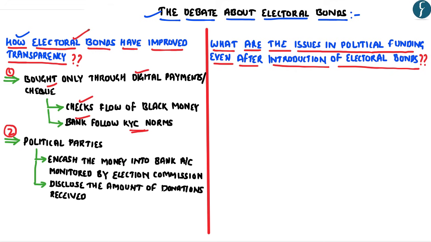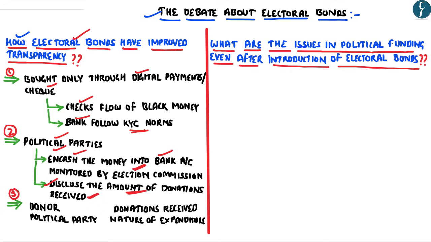Secondly, the electoral bonds would also bring about transparency in the functioning of political parties. This is because the electoral bonds can be encashed into the bank account, which is in turn monitored by the Election Commission. And secondly, the political parties are under obligation to disclose the total amount of donations received under the electoral bonds.